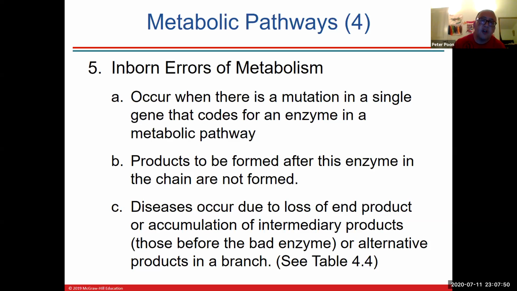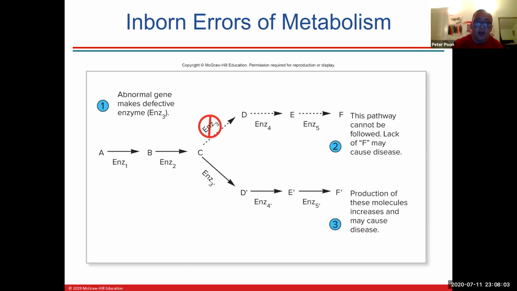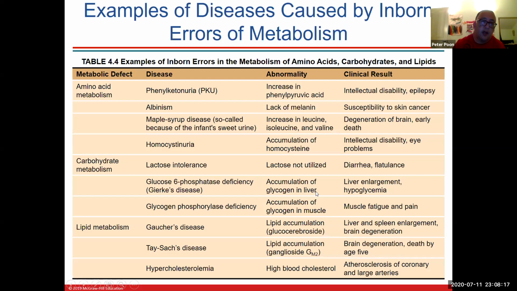So disease occurs due to loss of end product, or the accumulation of intermediary products, or alternative products emerge. Here you're missing F, and then you'll have too much F prime. You can see some of the errors here.